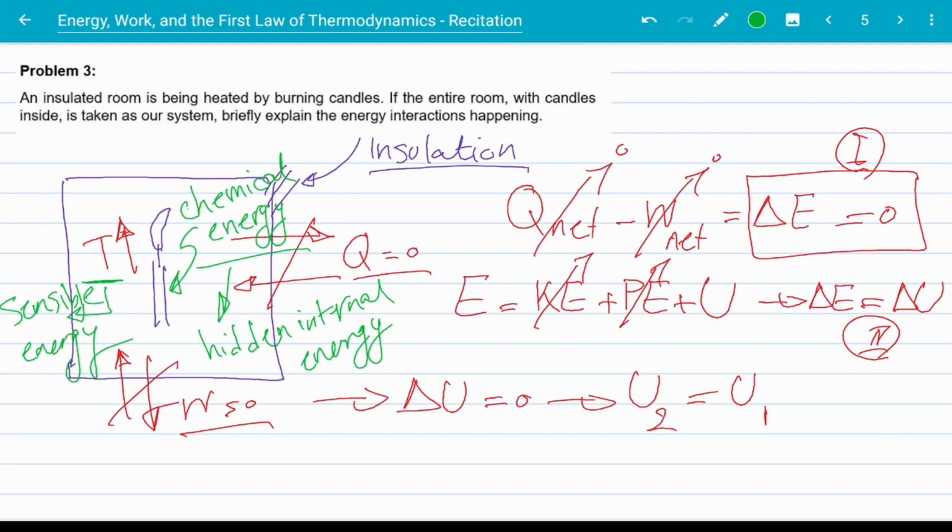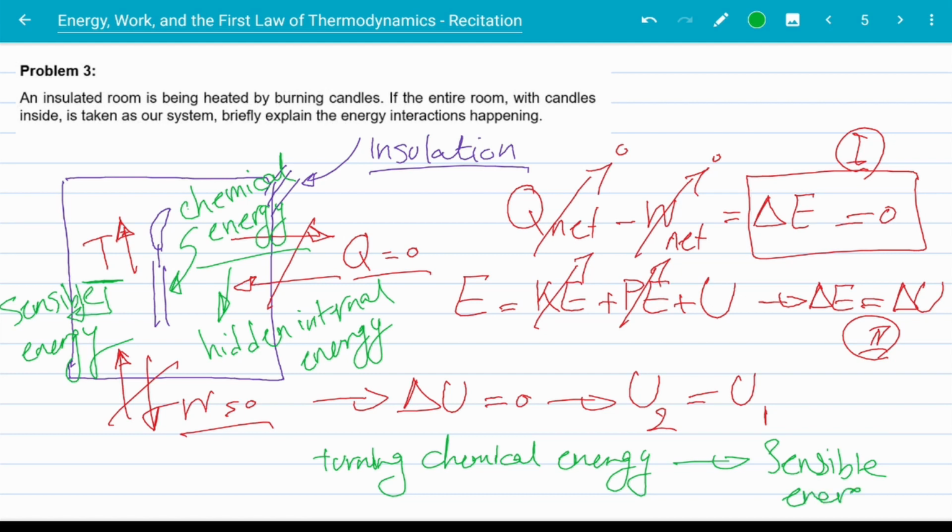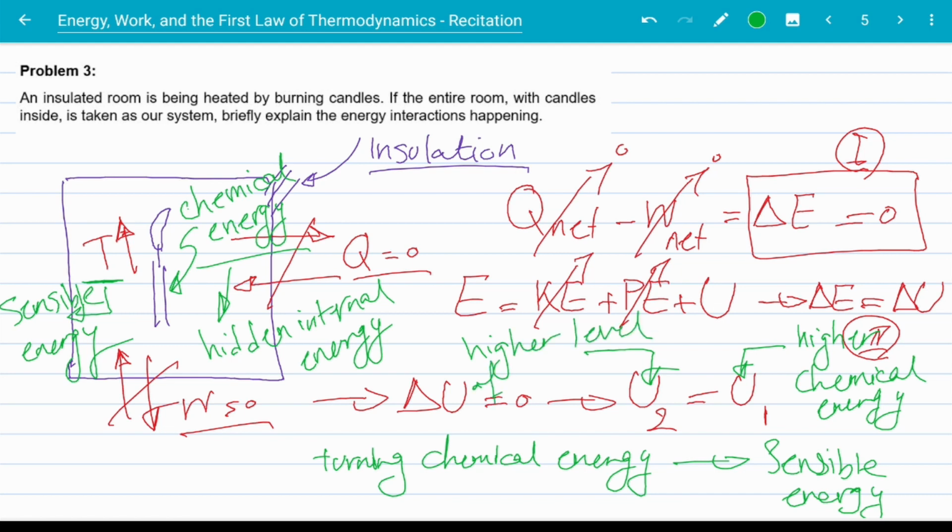So what is happening is our system is turning chemical energy into sensible energy. So at initial state, we have higher levels of chemical energy, and at the final state, we have higher level of sensible energy.